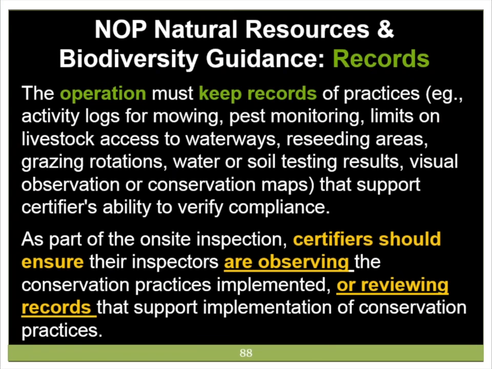So records are required, obviously, and it's best that the operation keep records that make it easy for the certifiers to verify compliance. Those records related to conservation could be limiting livestock access to waterways, or visual observation, or including conservation maps, where you draw where the hedgerows are and the riparian areas and the flowering plants and flowering areas of your pasture or healthy natural areas.